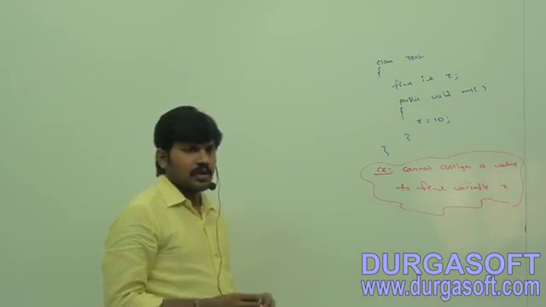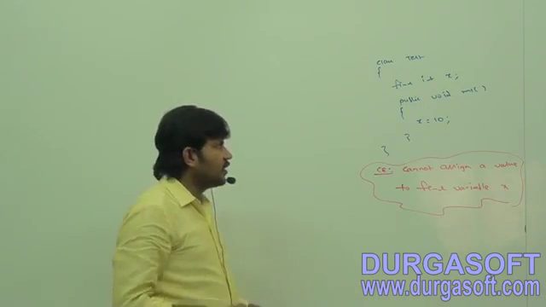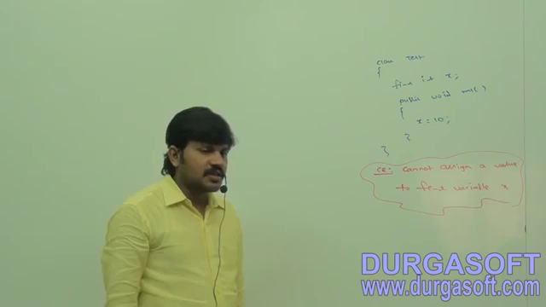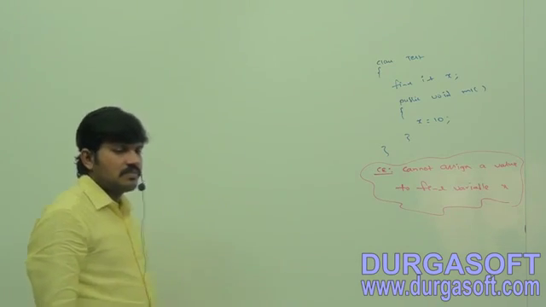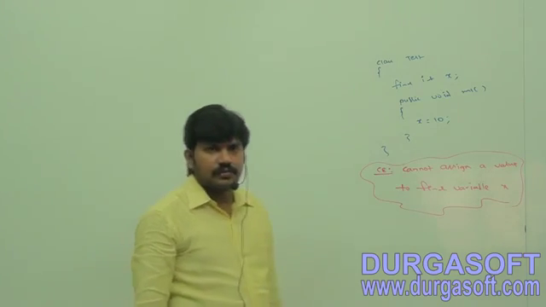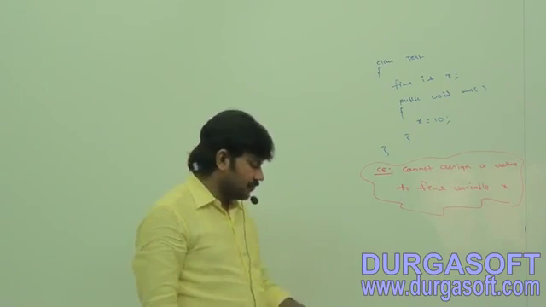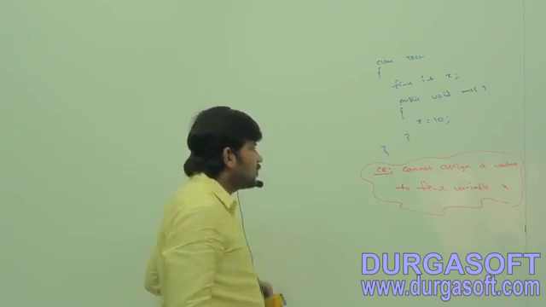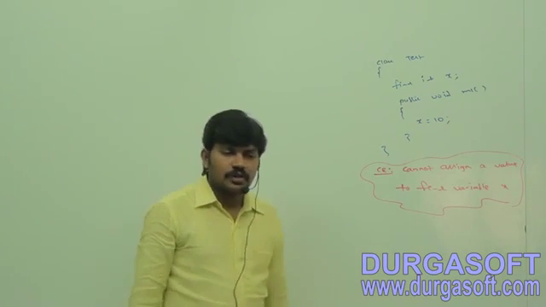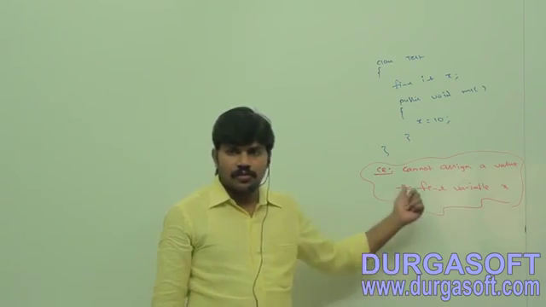I hope it is clear for all of you, right? Final instance variables. Now the terminology is very clear for you. Okay, that was the first one. Now the second one. I hope it is clear.